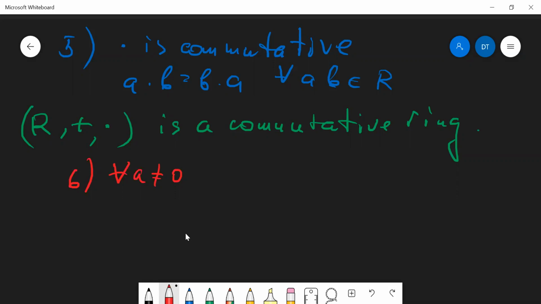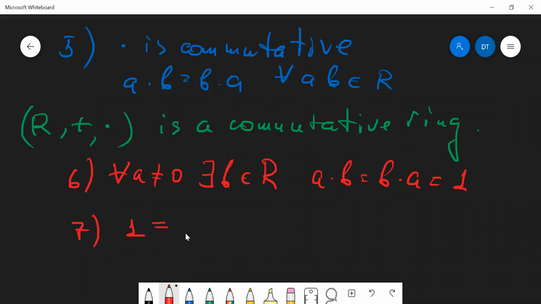If for every non-zero element a there exists an element b such that a times b equals b times a equals 1, and also if the neutral element with respect to multiplication is different from the neutral element with respect to addition, which means 1 is not equal to 0.